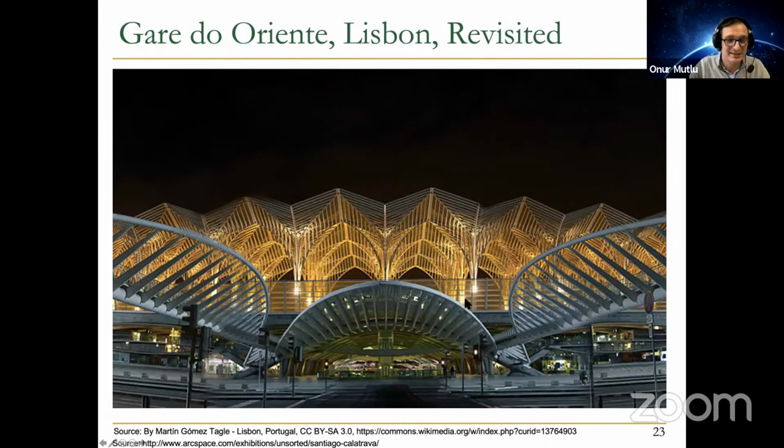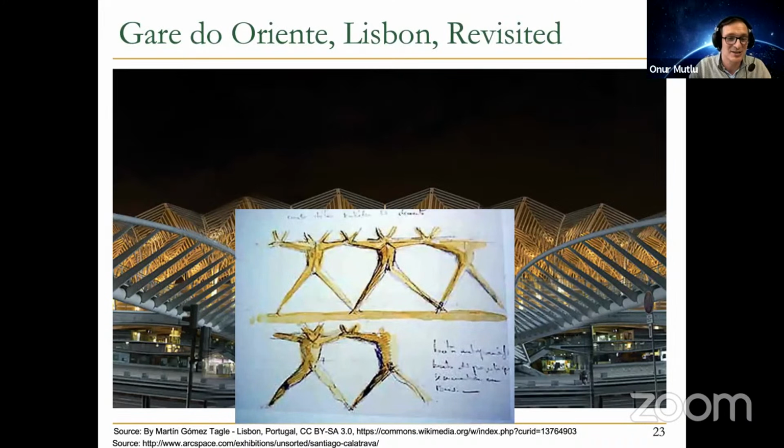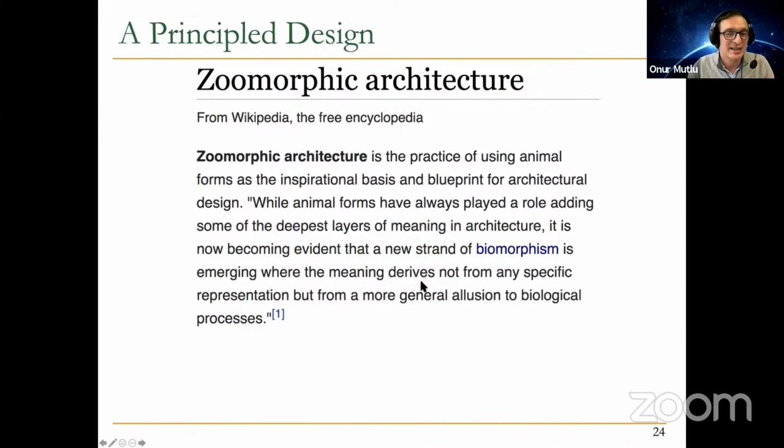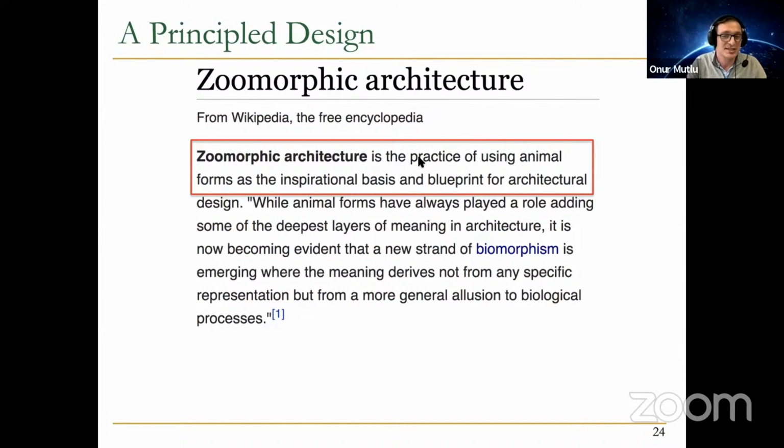This is the Gare do Oriente in Lisbon, and you can see that it's based on some humanoid blueprint over here. This is, I believe, his blueprint. And this is a special form of architecture that's principled. It's zoomorphic architecture, the practice of using animal forms as the inspirational basis and blueprint for architectural design. You can read more about it; I'm not going to go into it.